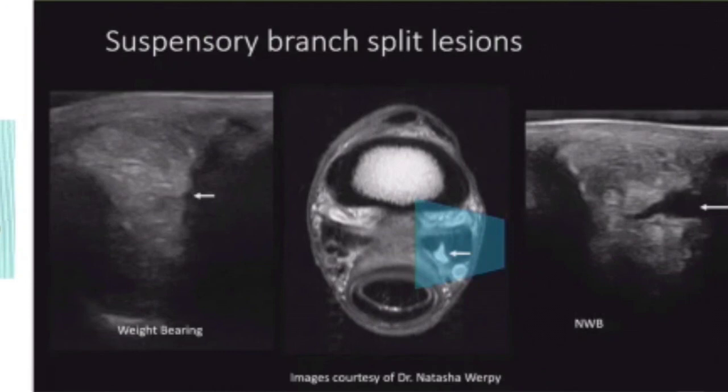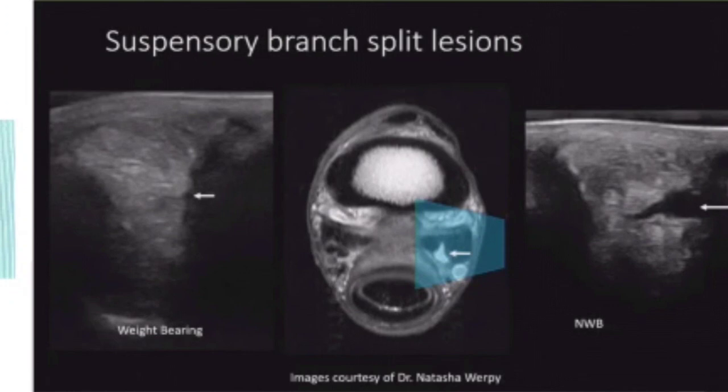Similar type case is the suspensory branches. There are certain types of tears within the suspensory branches that are very hard to see when the horse is fully weight bearing. And this is a case that Dr. Werpy shared with me. This one is a pretty dramatic version of it. But I've had some similar cases as well, where when the horse is standing, they're compressing down a lesion.